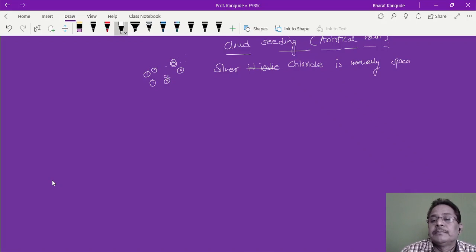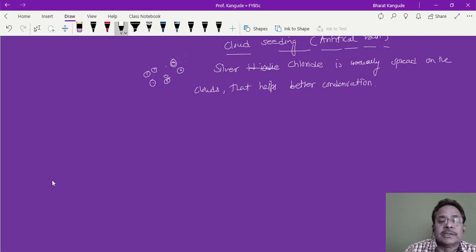Silver chloride is usually sprayed on the clouds, and that helps better condensation, and the possibility of rain is increased.